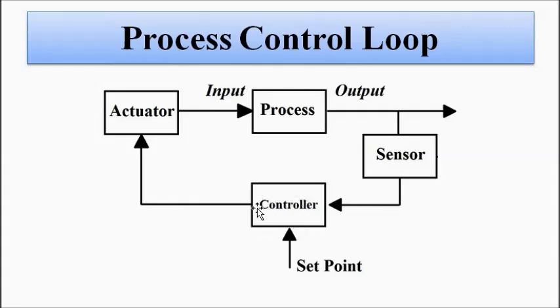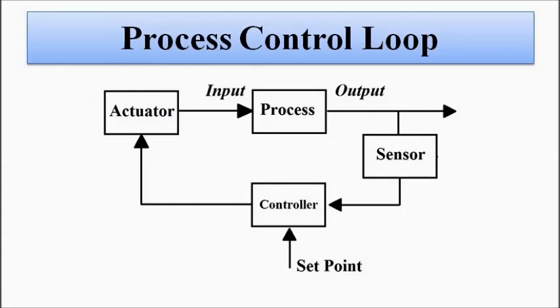This controller is given a parameter called the set point. Set point is the output which we want. This output is the actual one. So the controller compares the set point, the output which we want, with the actual output and calculates the deviation.